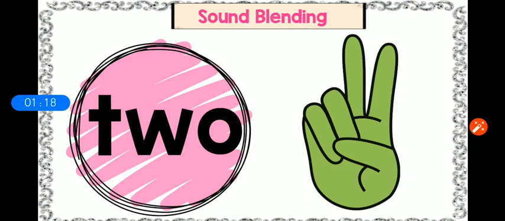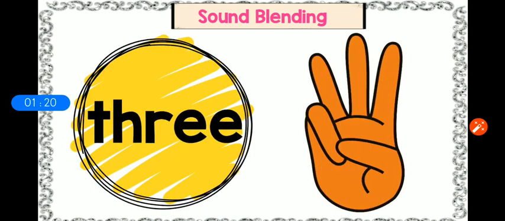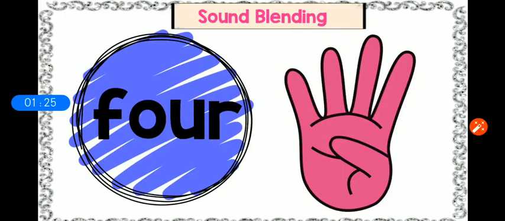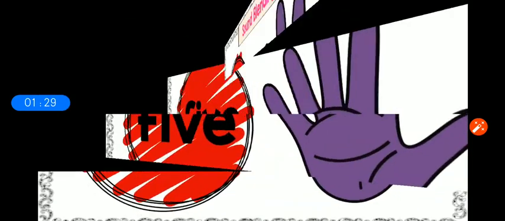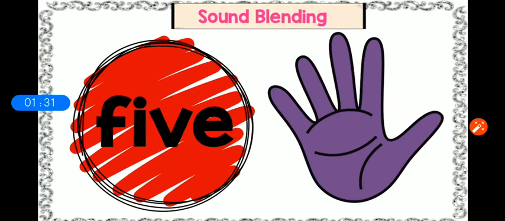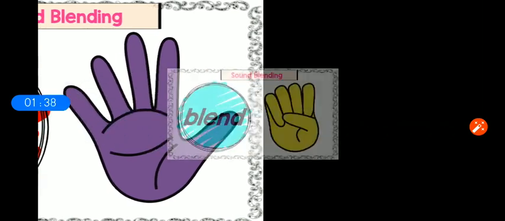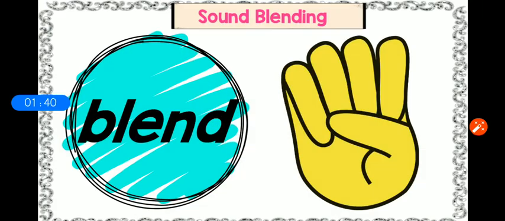The other one is your ring finger. You have another finger as well. Your pinky. Wow. And lastly, your thumb. And what do you do to blend all the letters you sounded? To make a fist to blend everything.